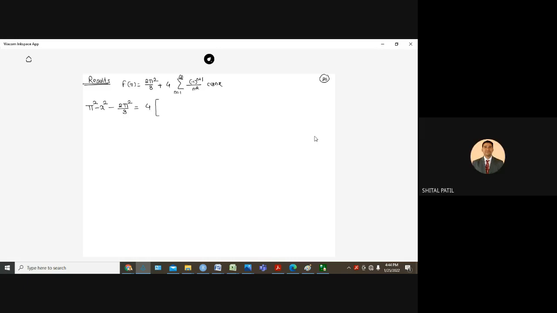Now take n equal to 1. 1 by 1 square, it is a cos n x. n equal to 2. n equal to 3. n equal to 4. n equal to 5.